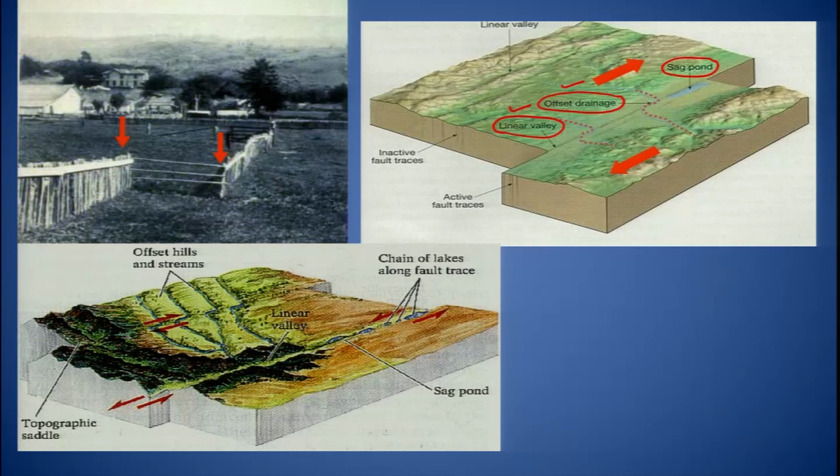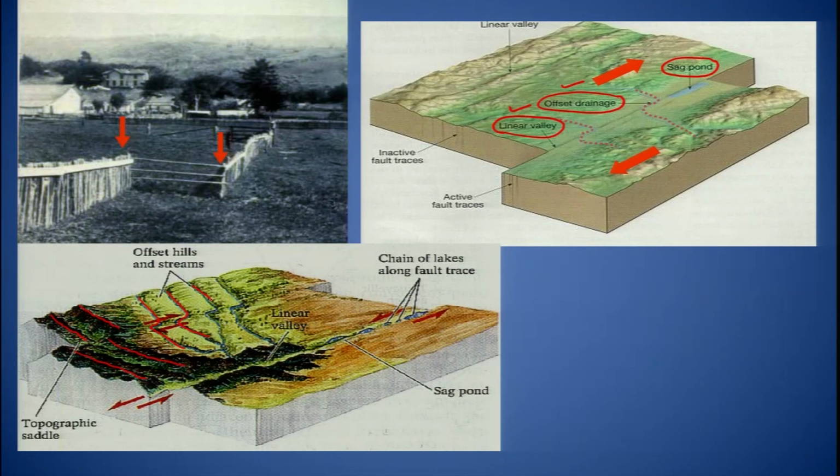Either they are ridges. So this shows the offset of ridges here. This is the top of the ridge line here, and then this goes somewhere over here like this, and similarly the ridge line is here, and then this shows the offset of streams.